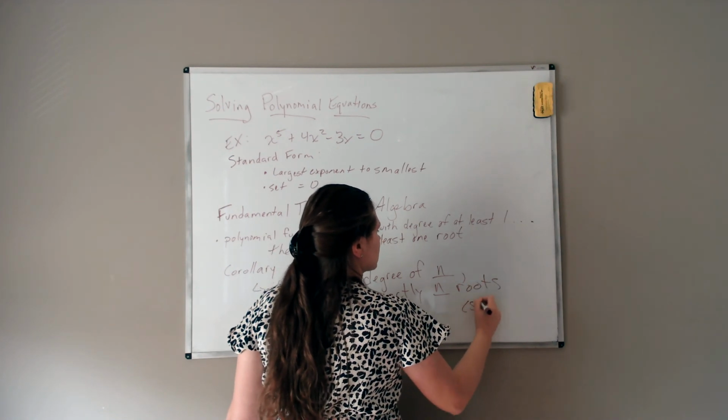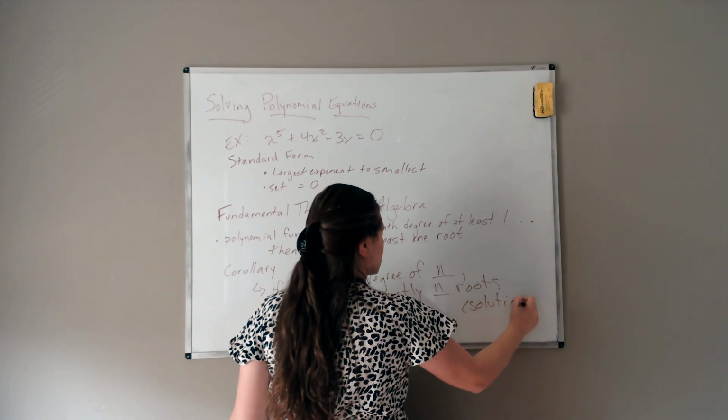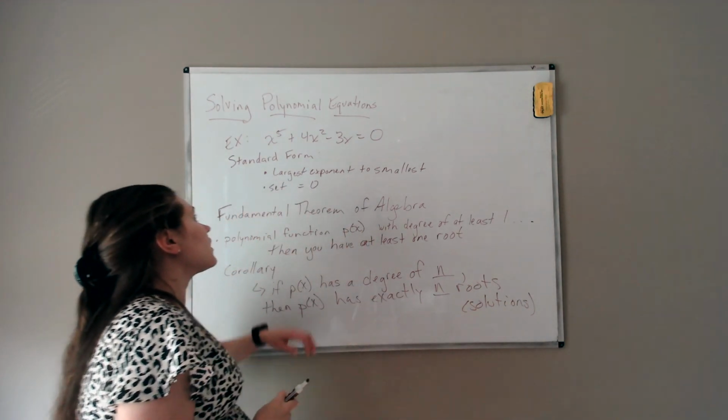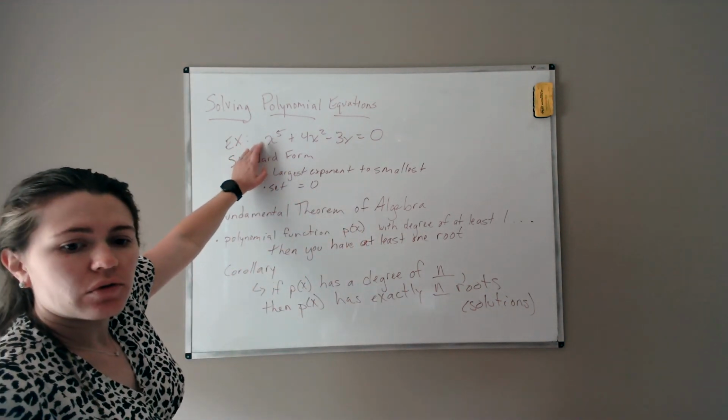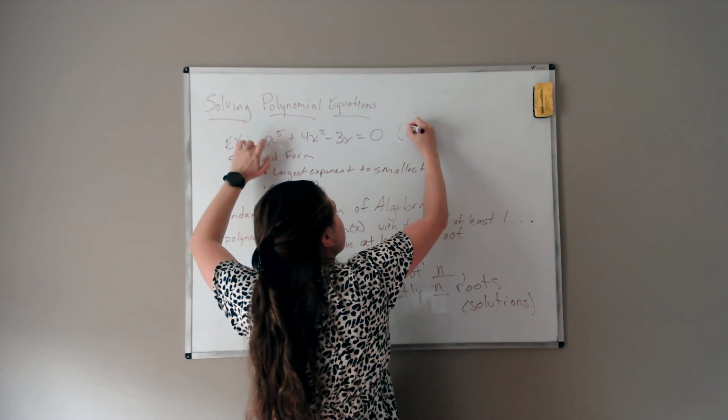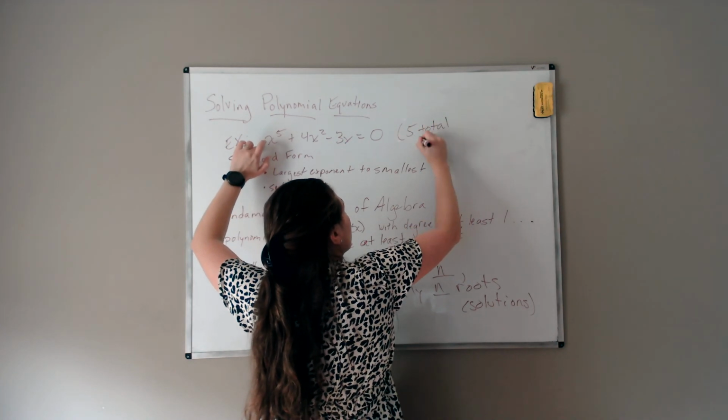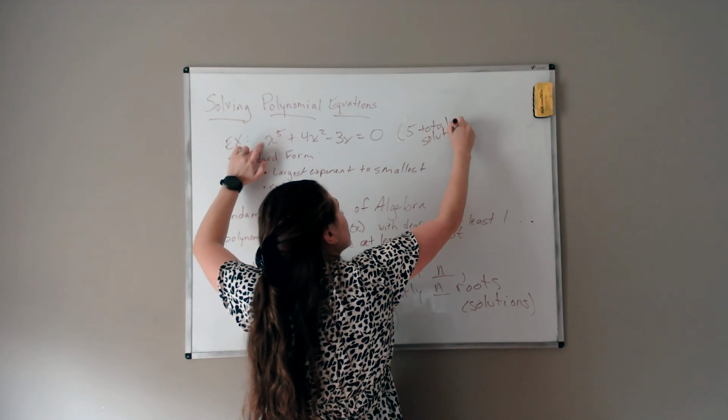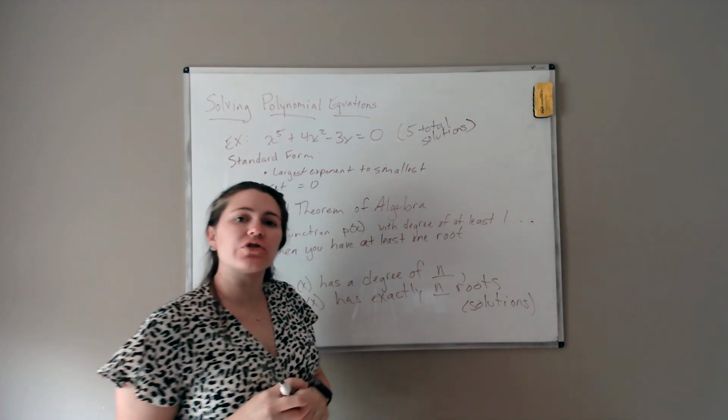So we can think of this also as solutions. So what this means is, this is a 5th degree polynomial, so that means that there are going to be 5 total solutions. Whatever the degree is, that's how many total solutions.